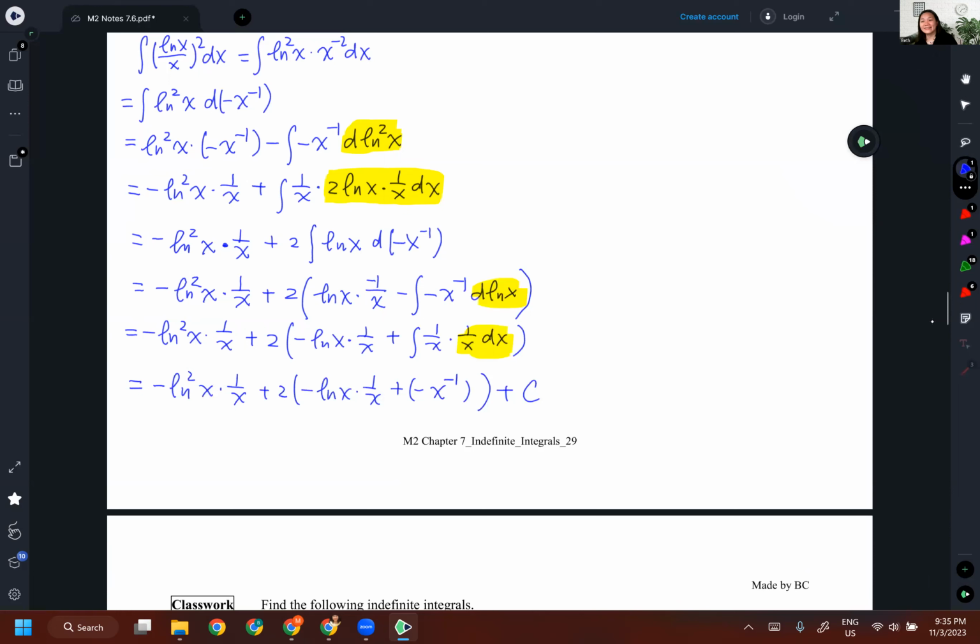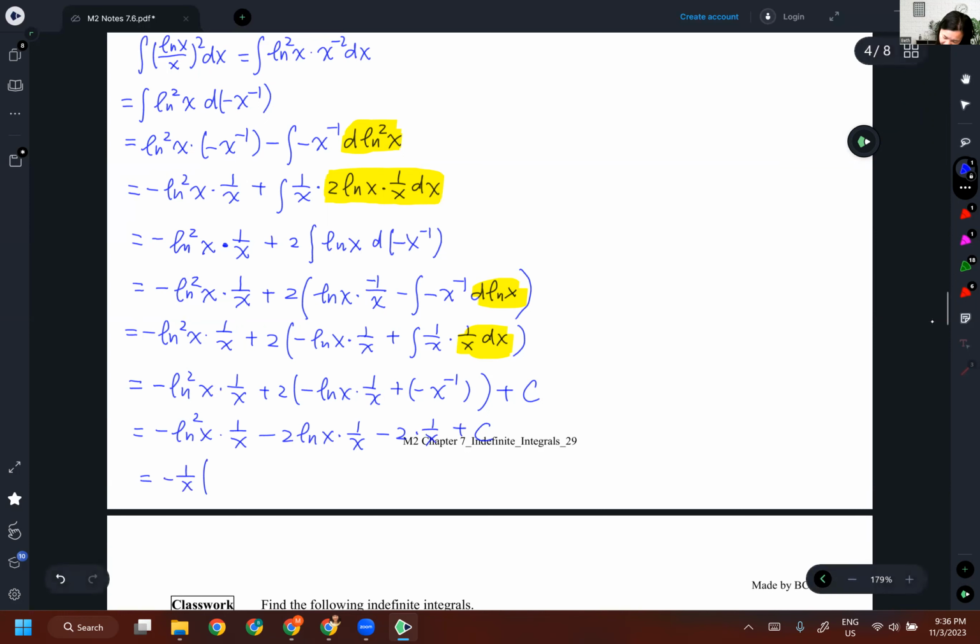So this one is a lot of negative. And then for this one, I think I'm ready to take out negative 1 over x.